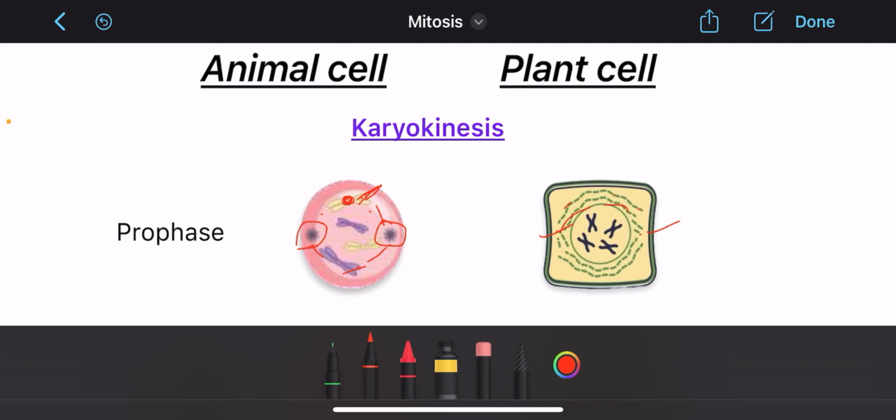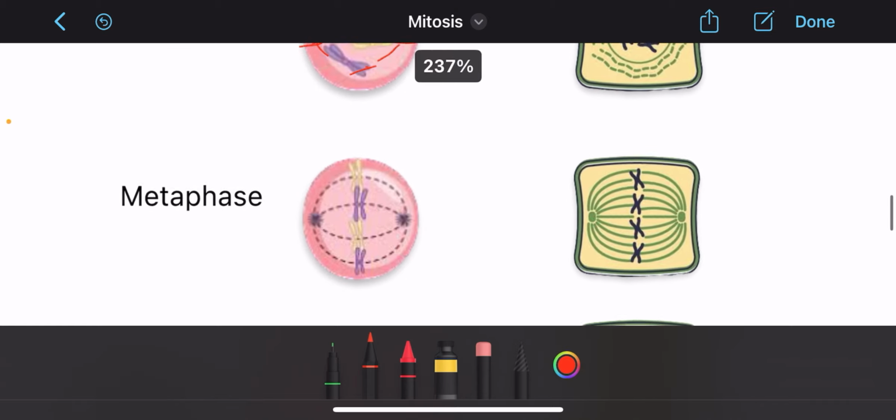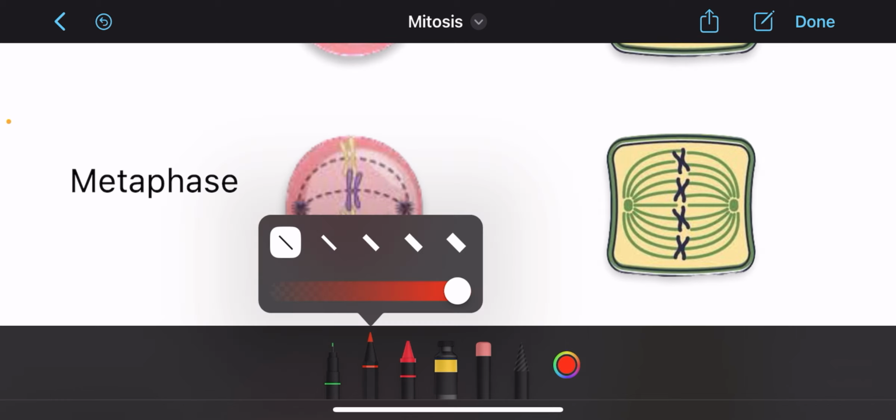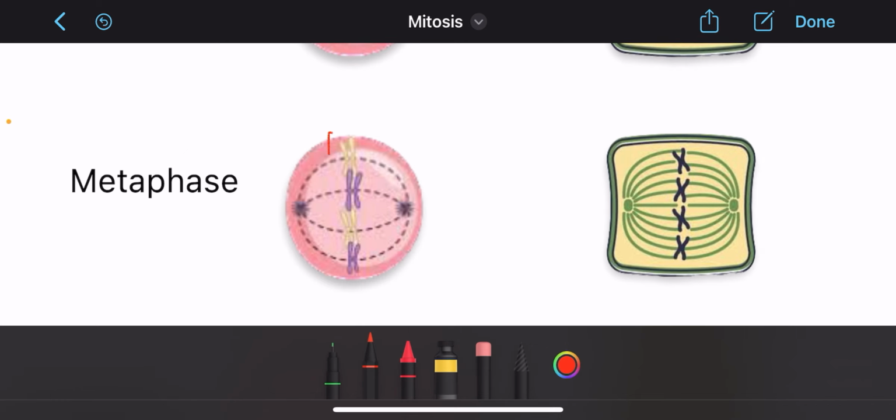Now let us look at the second stage, that is metaphase. Metaphase has the main characteristic that the chromosomes are aligned in the equatorial plane in both plant and animal cells.